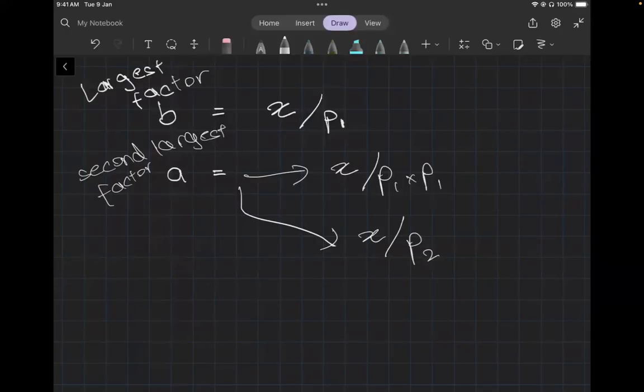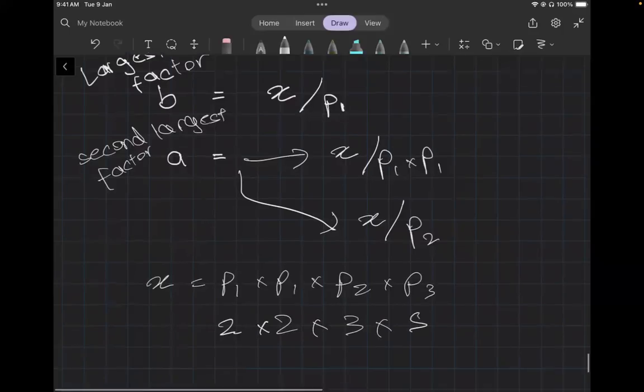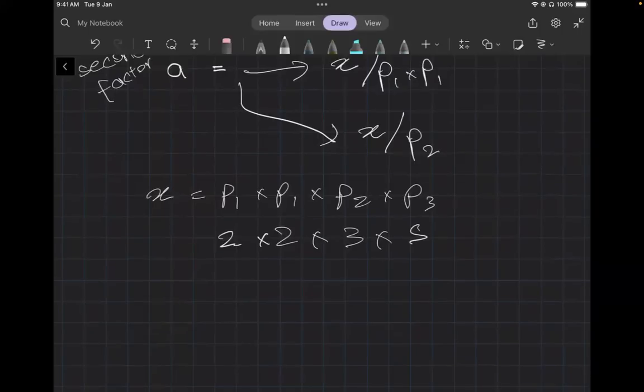Why does this hold? For example, let x be p1 into p1 into p2 into p3 and so on, say 2, 2, 3, 5. If this is x, the largest factor is x divided by 2, and for a, the second largest factor, we have two options: either x divided by 4, or x divided by 3.